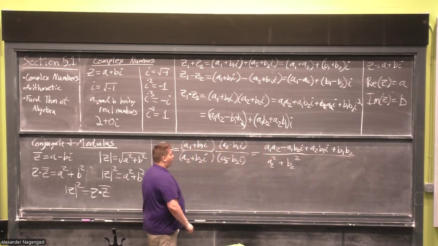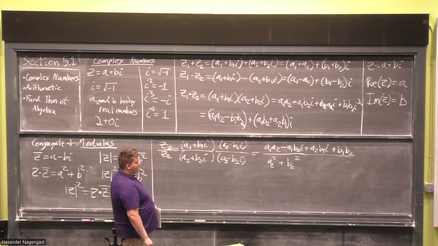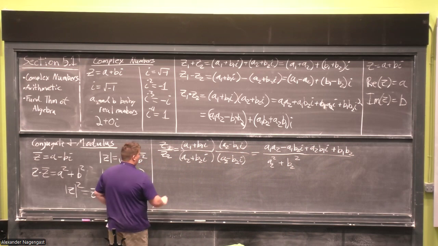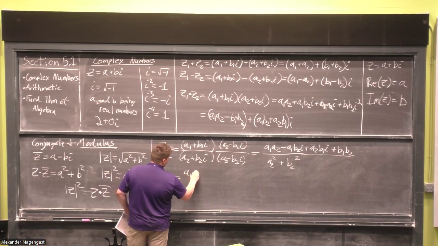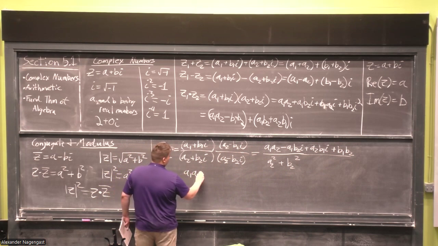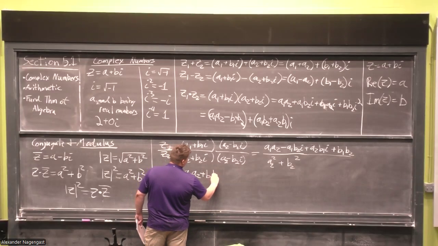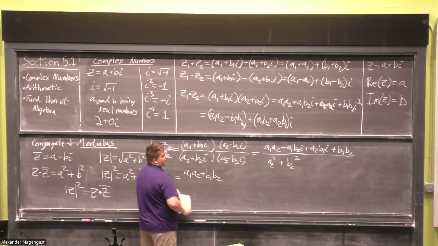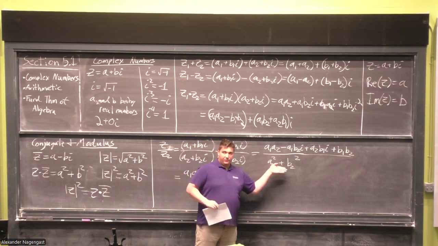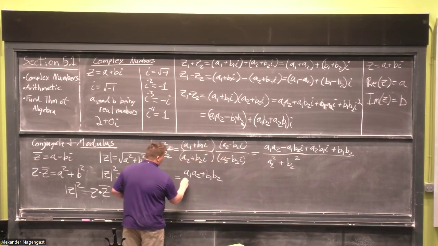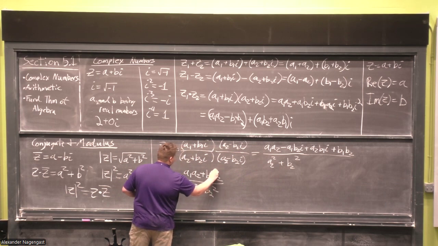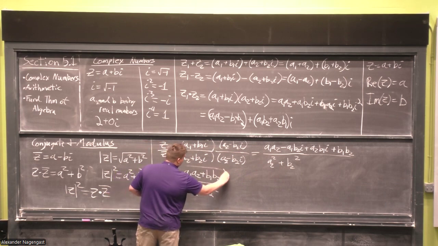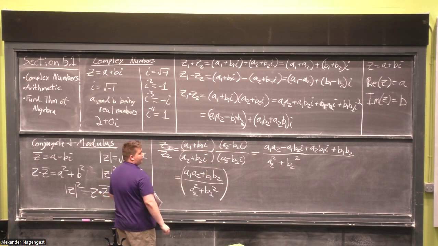So let's group all of the terms together, and we end up getting a1 a2 plus b1 b2, and I'm going to split this fraction. So I'm going to divide this by a2 squared plus b2 squared. And that's going to be my real part.